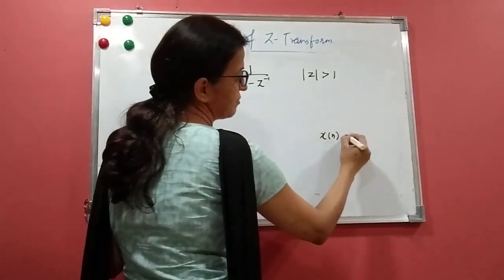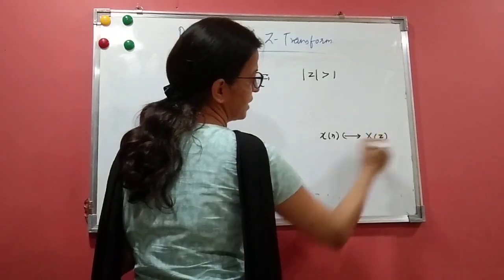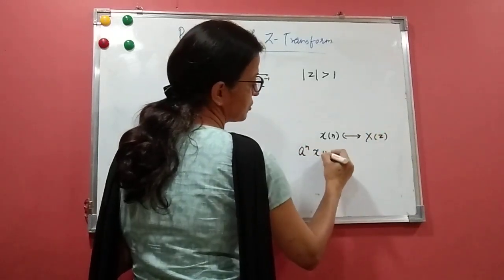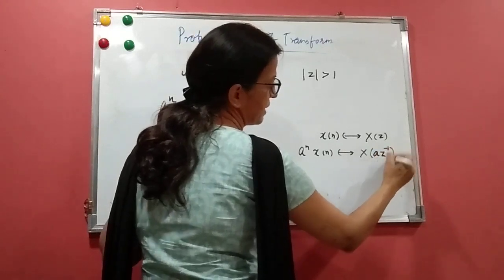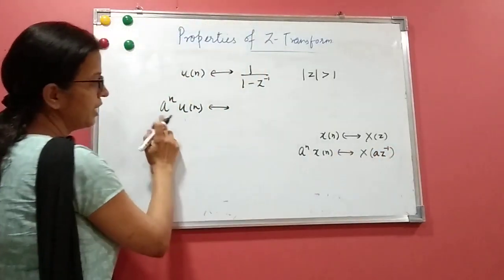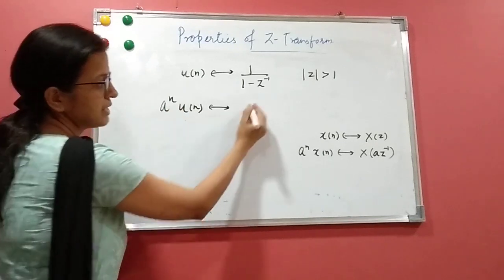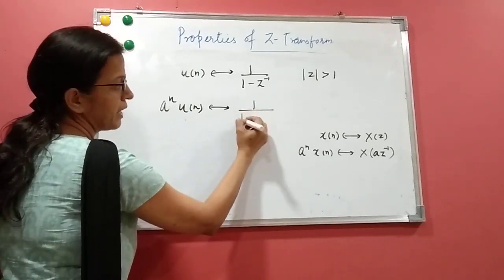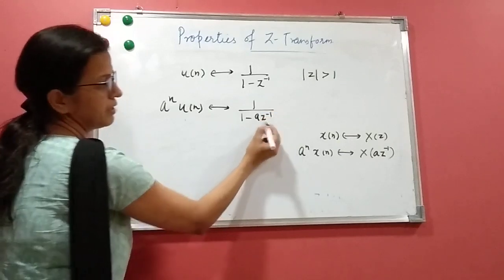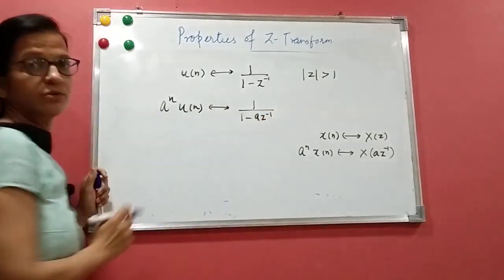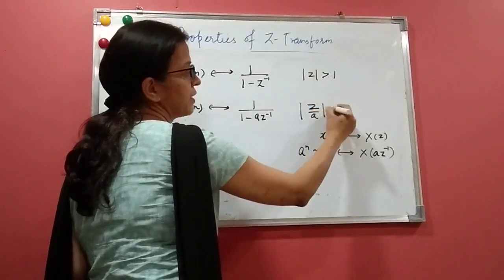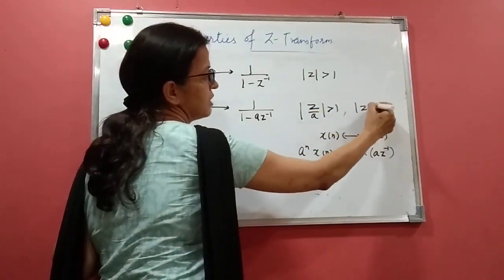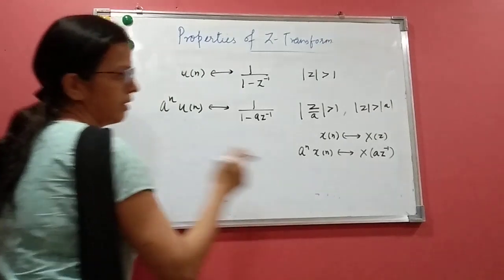The property says if the transform of x of n is X of z, then for a raised to n x of n, a should be multiplied by z raised to minus 1. So a is multiplied to z inverse, and mod z by a should be greater than 1, or we can write mod z should be greater than mod a.